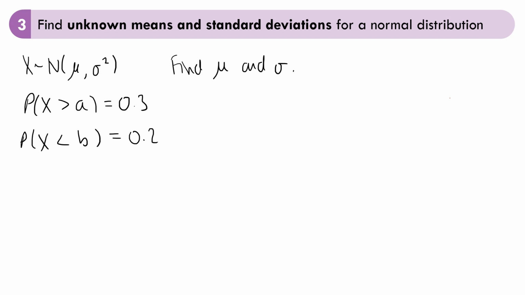And to do this, we need to use our equation to standardize the normal distribution in x. So that is z is equal to x minus mu over sigma.